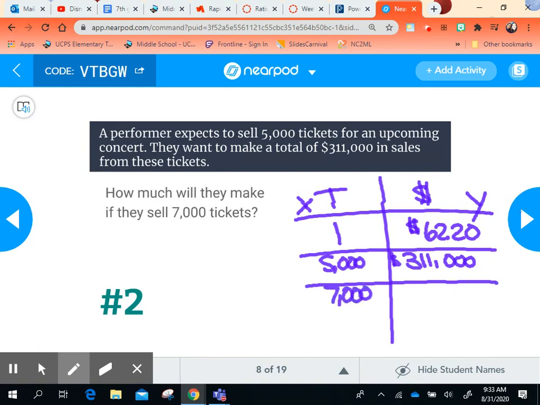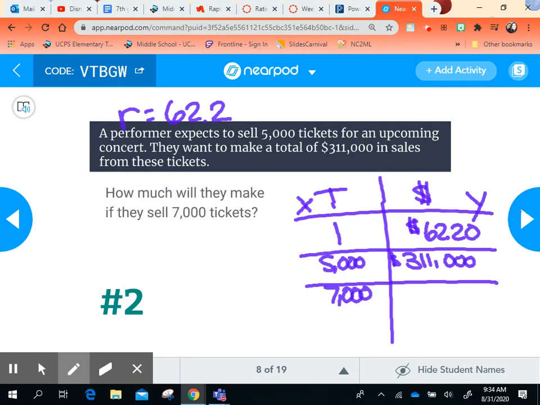How am I going to solve for how much money? Remember, we worked on this last week. If I have a unit rate that is 62.2, well, I have to use my unit rate to solve down my table. What am I doing?